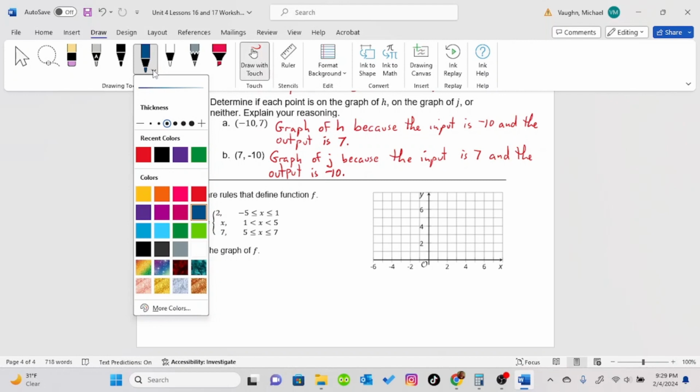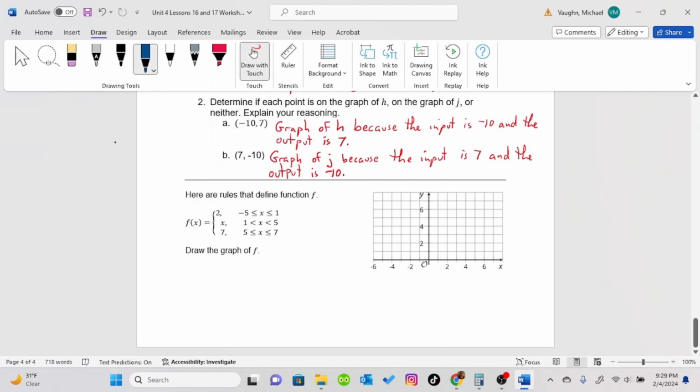And our last problem on these practice sets. Here are rules that define function f. F of x equals 2 when x is between -5 included and 1 included.